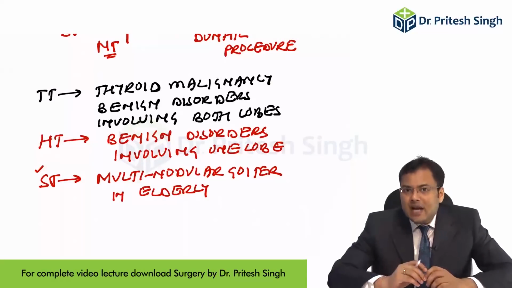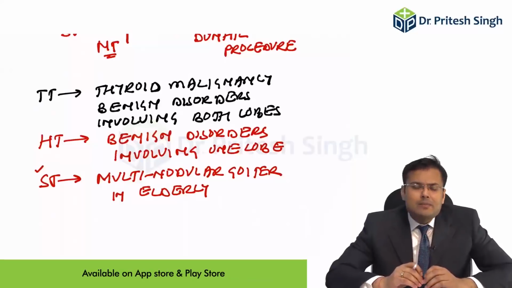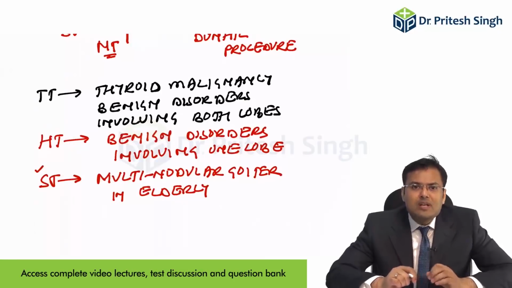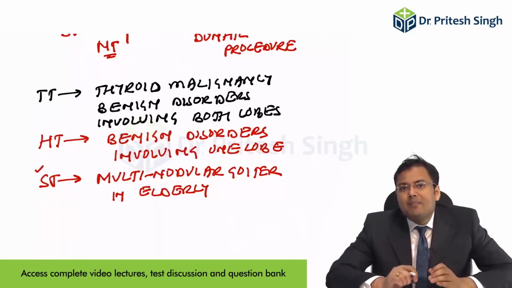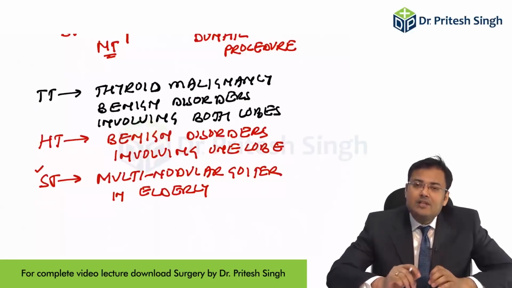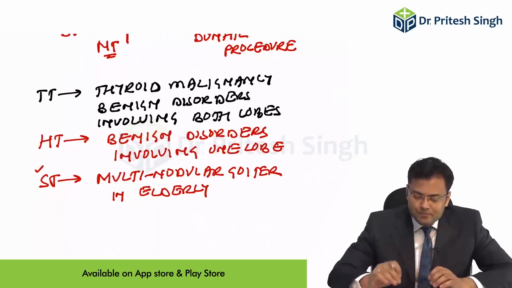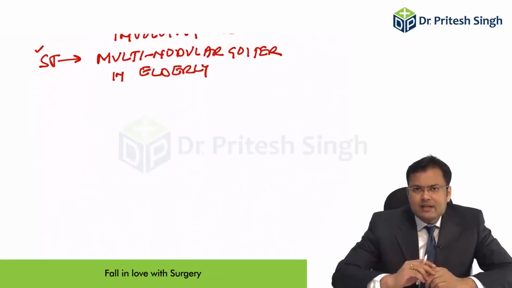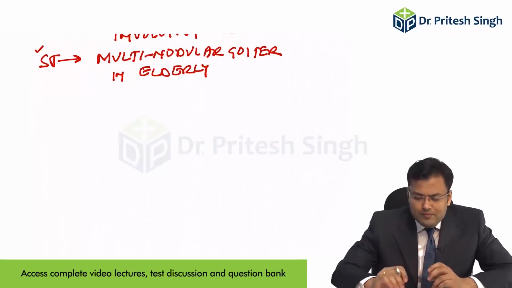So these are the types of surgery. Sometimes we use the words total, near total for thyroid malignancies and benign disorders involving both lobes. See, the preferred treatment option will be total thyroidectomy. After that, questions are asked regarding solitary thyroid nodule.